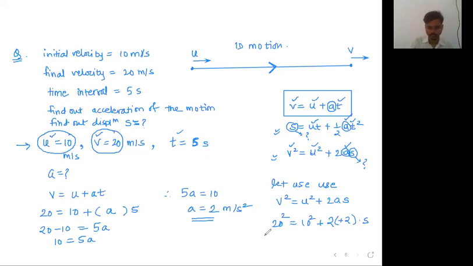Sir, this 20 square is 400, 10 square is 100, 2 multiplied by 2 is 4 into S. Sir, 400 minus 100 is 300, is equal to 4 times S. Yes, Neha, perfect. Devi, perfect.